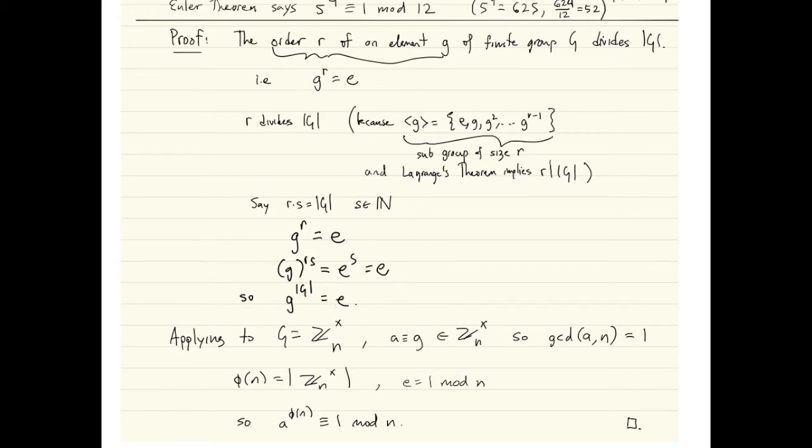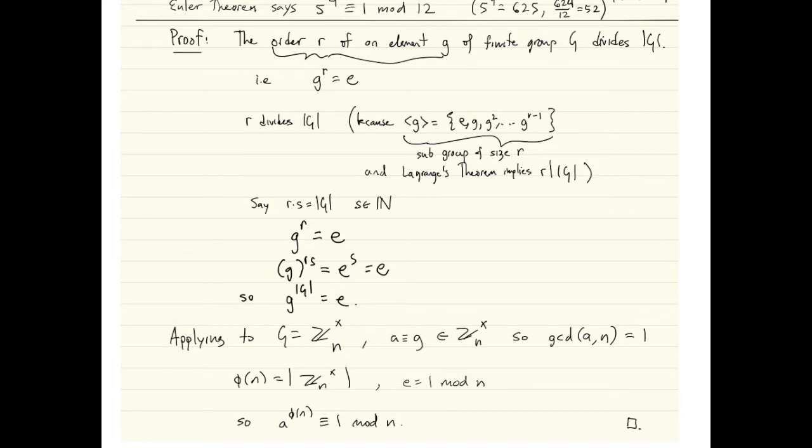Okay, so this was all pure group theory. This is a general fact that in any finite group, if you take an element of the group and raise it, in other words, apply the group operation to the order of G copies of lowercase g, multiplying it together, you'll get back the identity element.